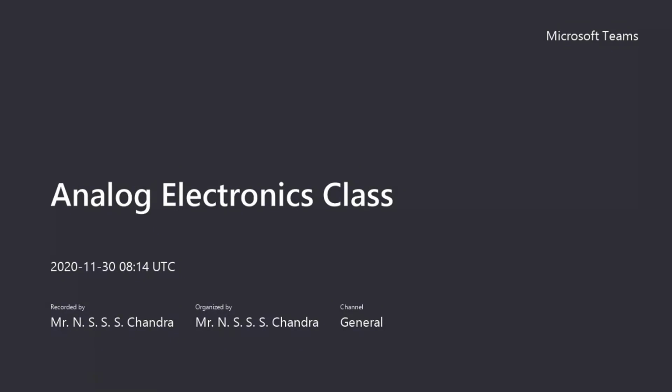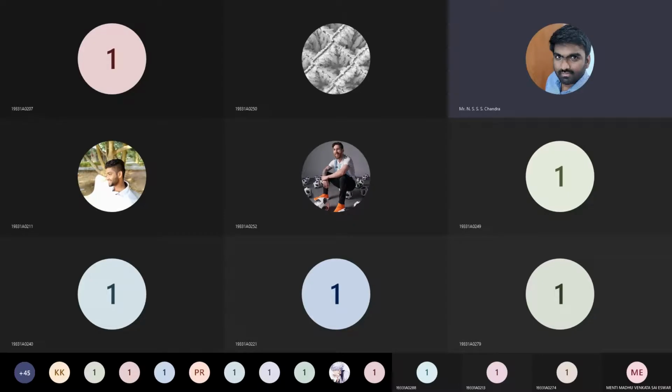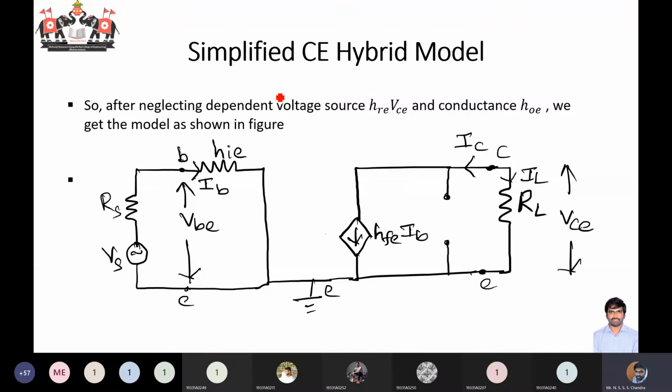As we have derived the exact hybrid model for a common emitter transistor, from that model we could simplify it to a smaller version in which we have removed the output conductance HOE, and we could also eliminate the dependent voltage source HRE into VCE.